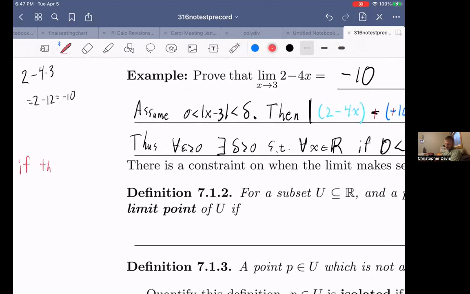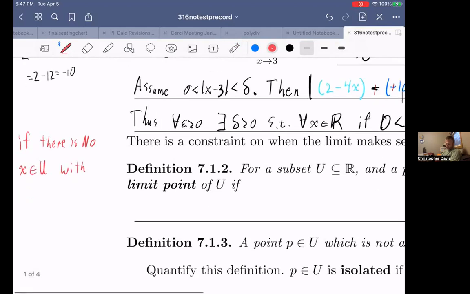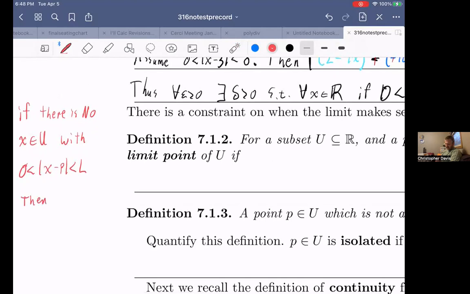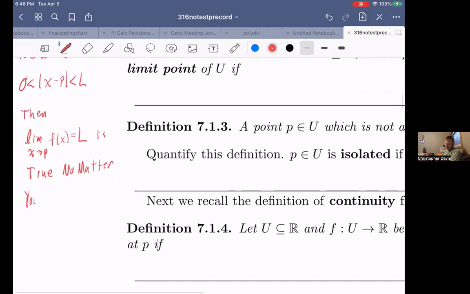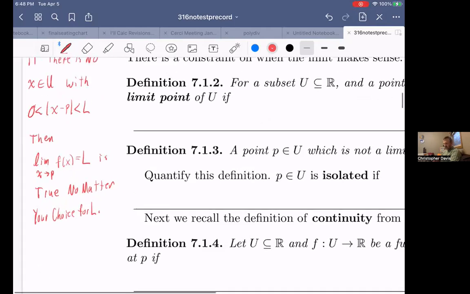If there is no x in U with 0 less than the absolute value of x minus p less than delta, then the limit as x approaches p of f of x equals L is true no matter your choice for L. And that's really weird, right?